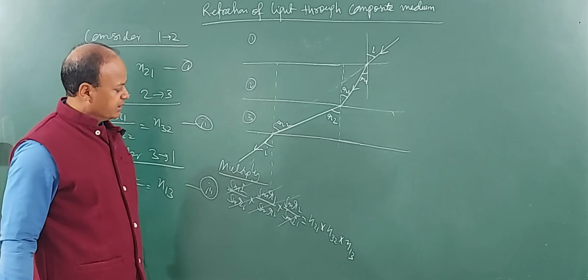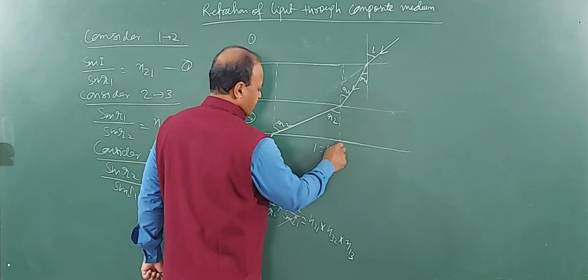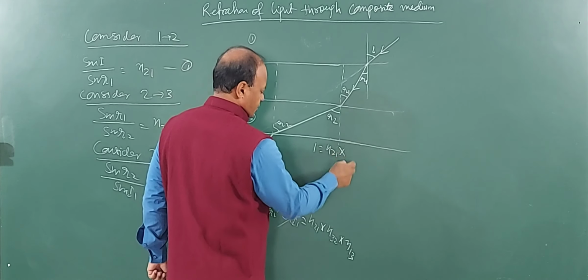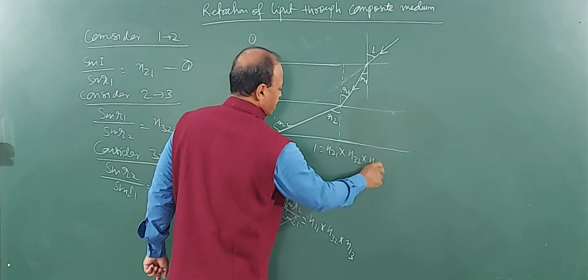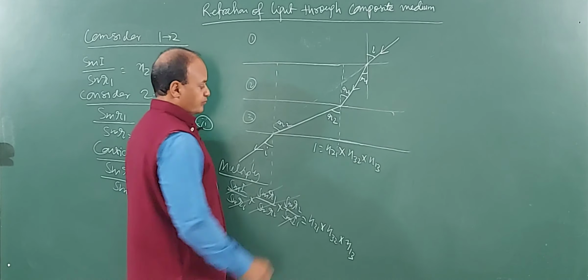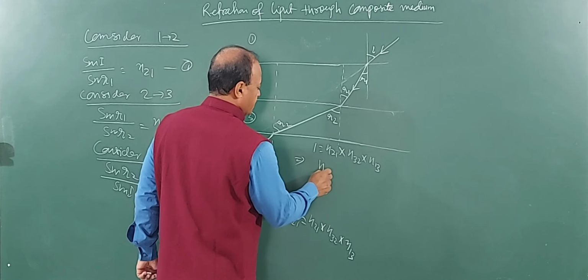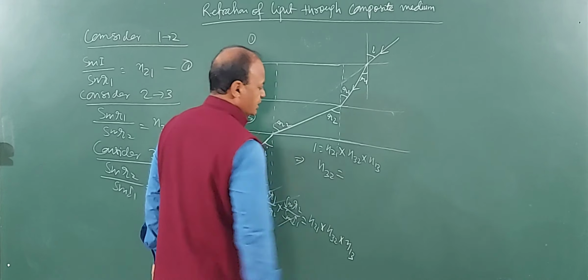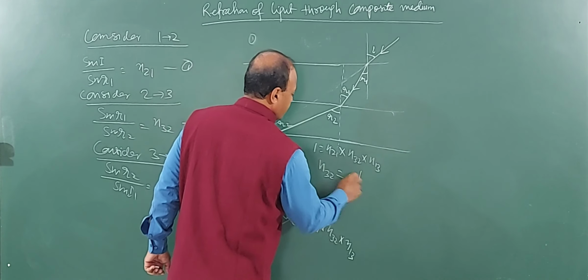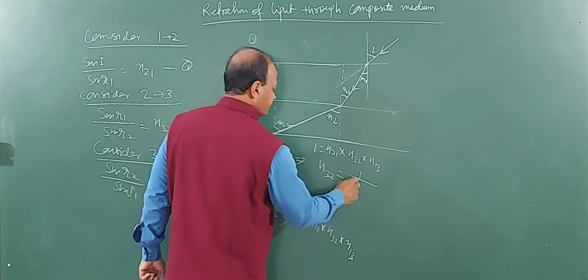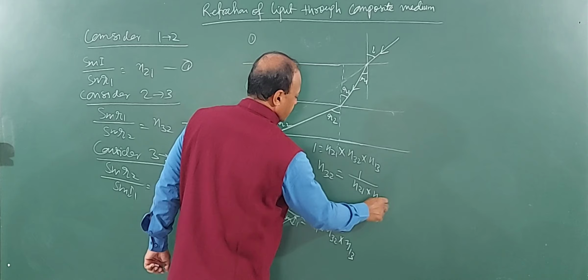So we conclude here 1 equals n21 into n32 into n13, and then we get from here n32 is equal to 1 divided by n21 into n13.